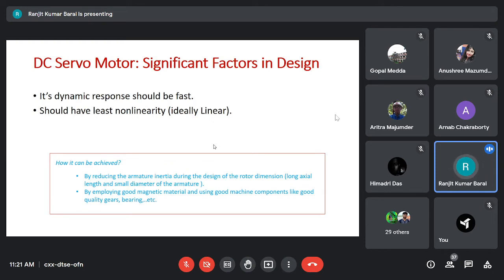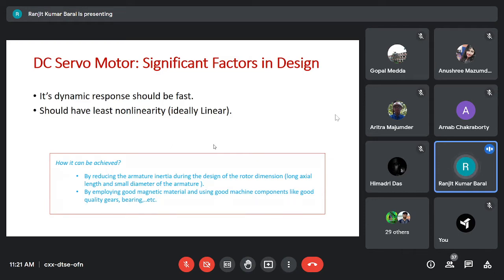If you look carefully into the equations you dealt with during the development of the transfer function of the DC servo motor, you found that moment of inertia plays a big role in the mechanical time constant. If inertia increases, time constant increases.